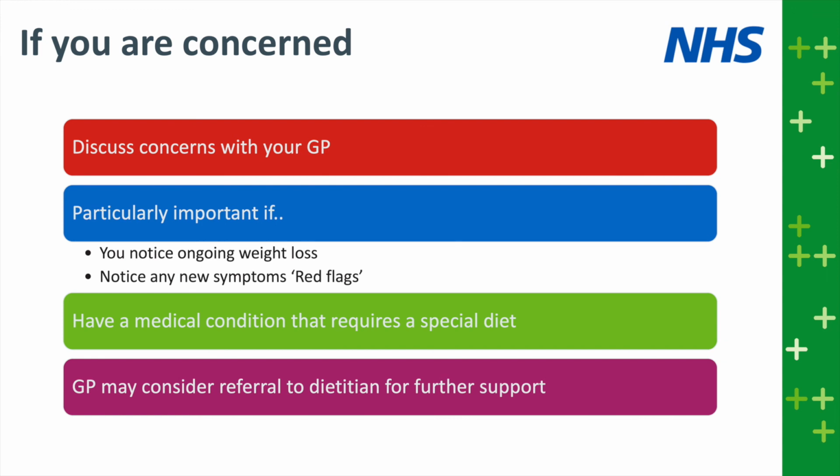So, for example, it could be people who have kidney failure or renal disease, those who have uncontrolled diabetes, those with celiac disease, or other gut related conditions where they have been advised to follow a certain type of diet, which may contradict with the advice that we've given earlier. So, for that tailored advice, we would just suggest that they discuss that with their GP, and their GP may consider a referral to a dietitian for further support.